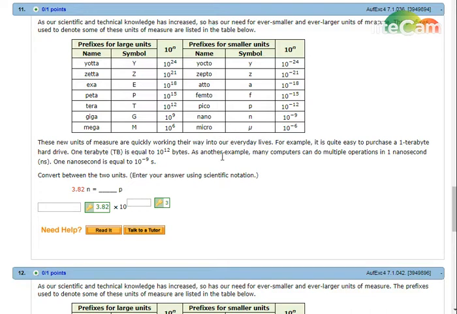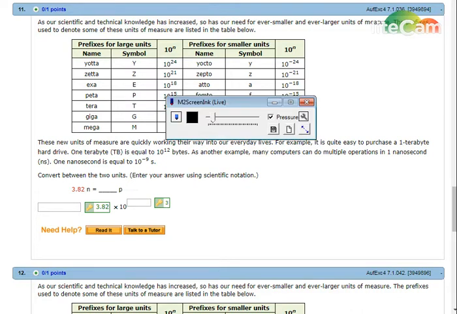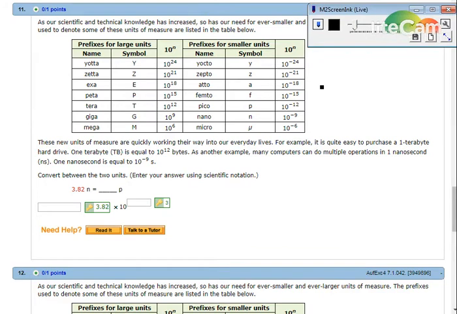So if we look in the chart, we find that the nanometer is 10 to the minus 9 and the picometer is 10 to the minus 12. So if we look at those ratios, we could make a couple statements. The first thing we could say is that if I look at the ratio of the pico to the nano, the pico is smaller because it has a negative exponent of negative 12.